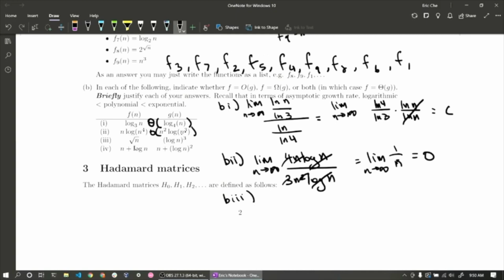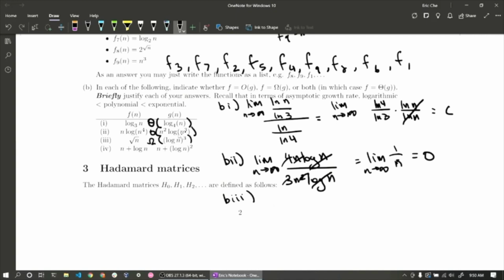B3, square root of n and log n to the power 3. What we saw earlier is that polynomials dominate logarithms no matter what, so we know that this is an omega bound.